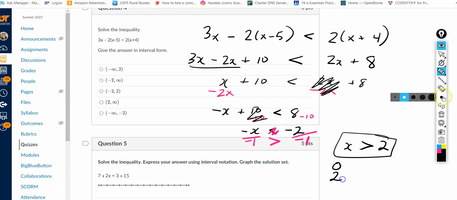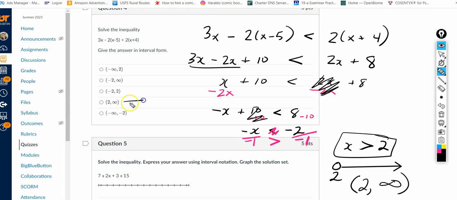And then we want everything to the right. And so once I have the number line drawn, if you read the number line off from left to right, I'm starting at but not including 2, and then it's going off to infinity. Okay, so this is the one that I'm going to want.